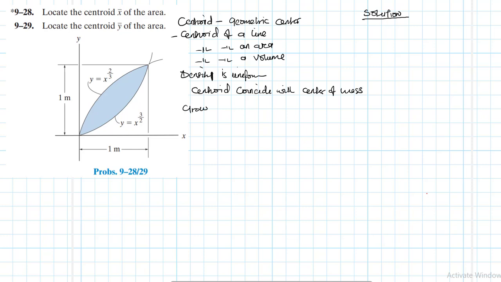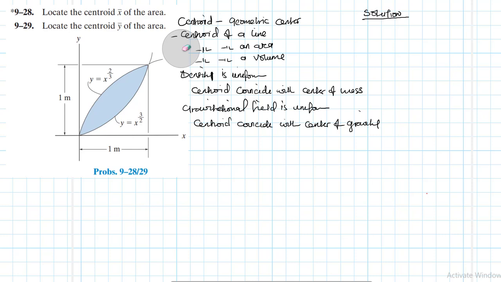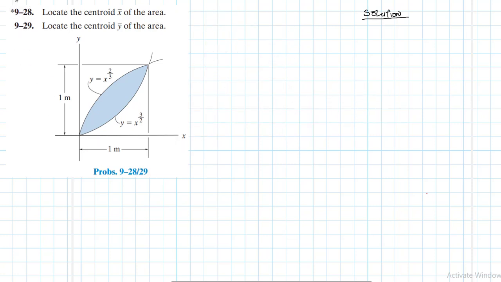And when the gravitational field is uniform, you expect centroid to coincide with the center of gravity. All right. So I think this is about it. Brief summary of what centroids are. Let's dive into the problem now.